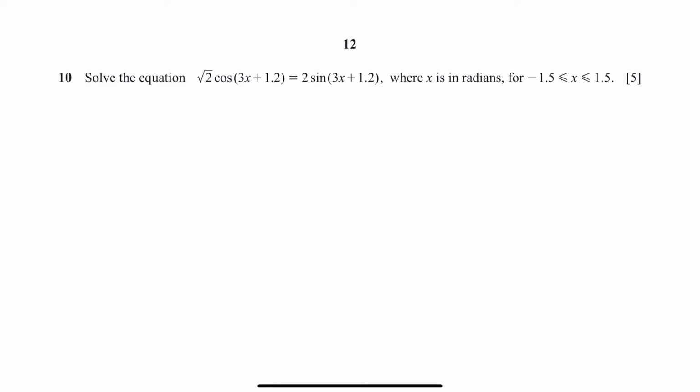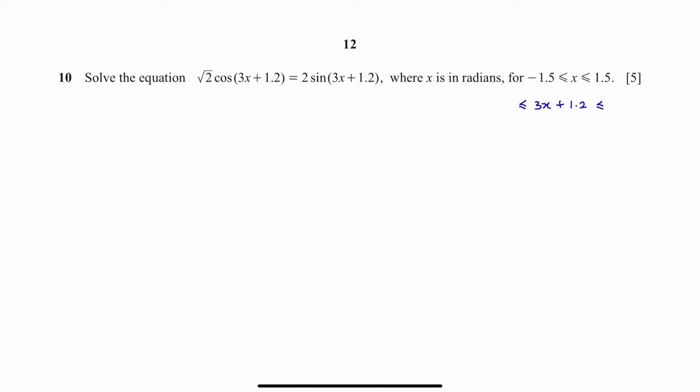For question 10, solve this equation. Okay, so we first need to change the range of x. So now it would be 3x plus 1.2, and for the lower bound we need to take 3 times negative 1.5 plus 1.2.